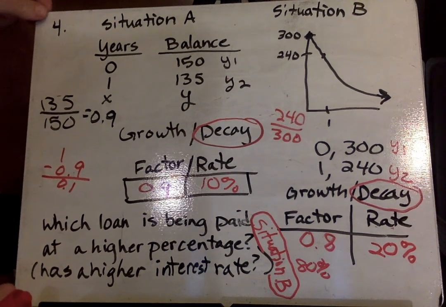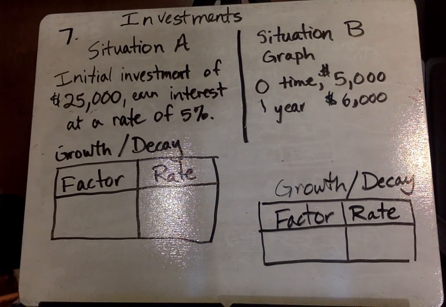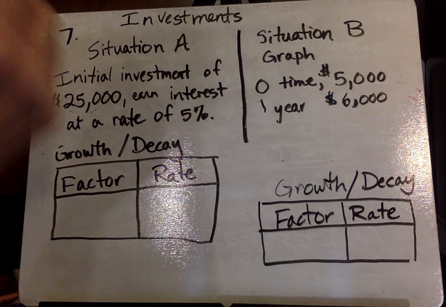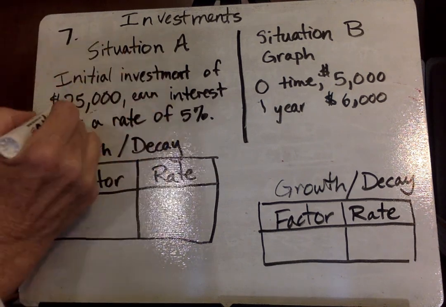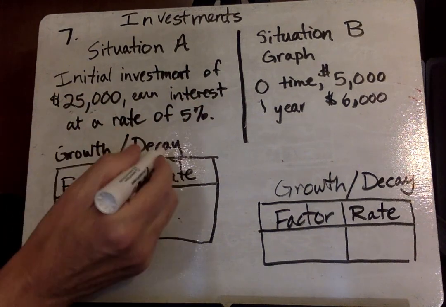Okay, we're all done with number 4. I'll do one more because I know these story problems can be challenging. Let's jump to number 7. This is going to be investments. That means you're putting money in the bank and you want to earn money on it. So situation A, initial investment of $25,000, you earn interest at a rate of 5%. Is it a growth or a decay?